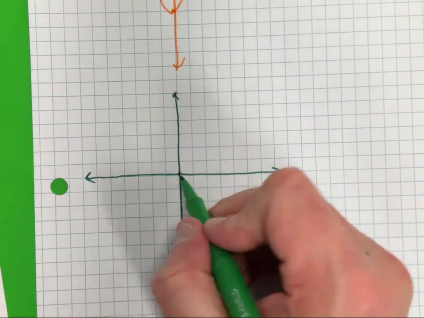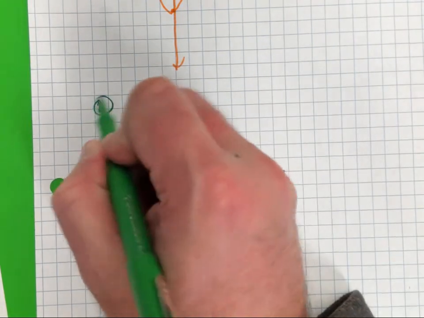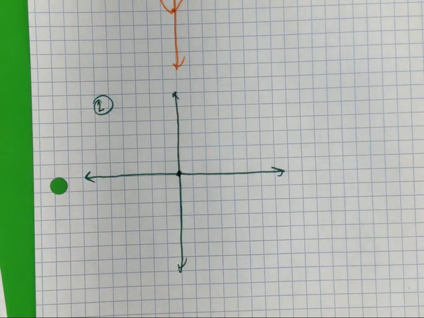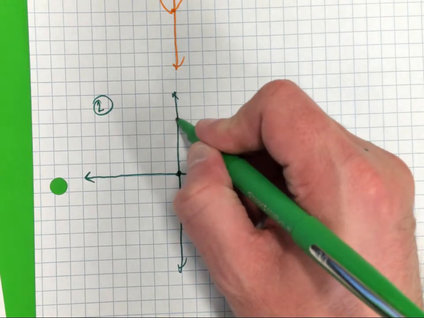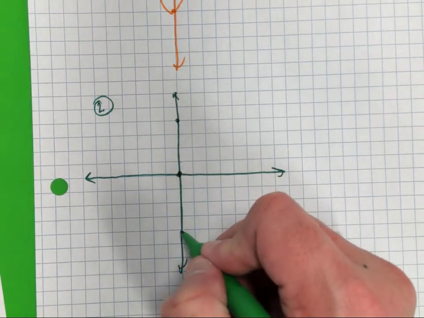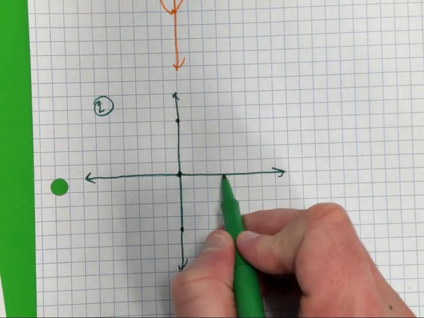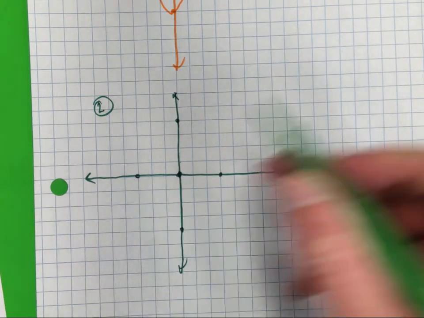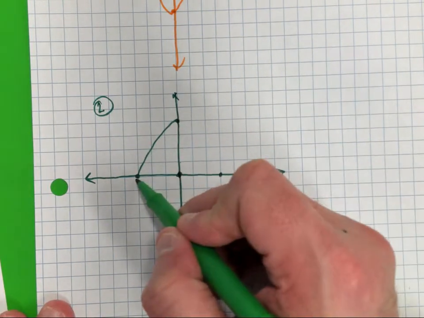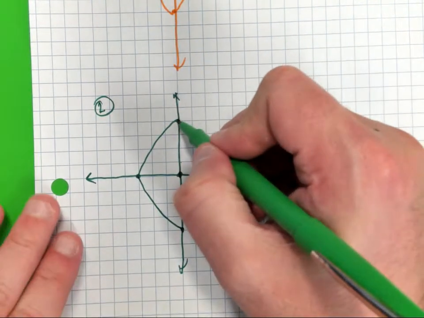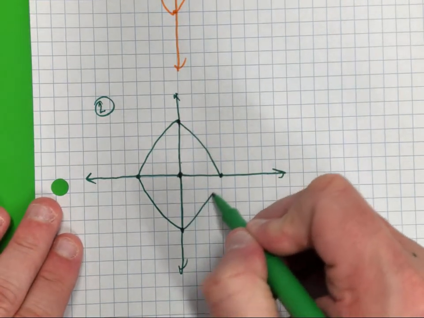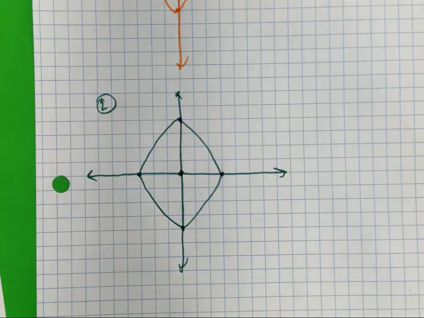It says center at 0, 0. It is vertical, so I'm going to go up 4. 1, 2, 3, 4. 1, 2, 3, 4. Go out 3 from each side. And that is my ellipse.